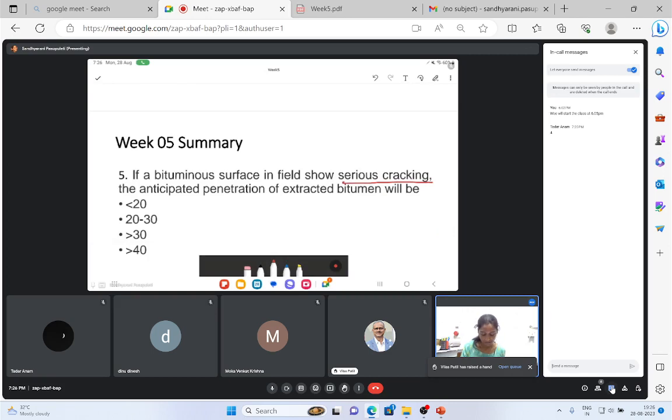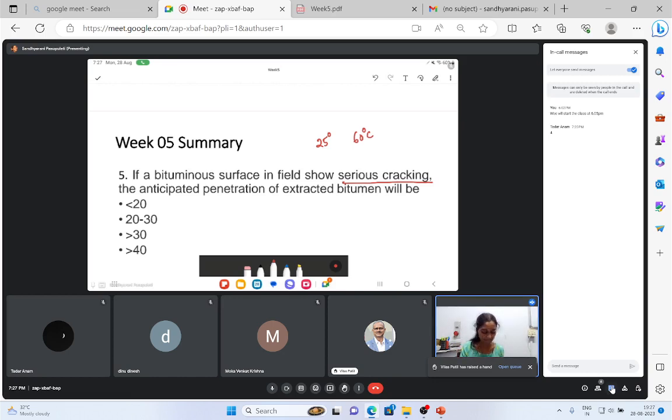Any guesses? To have serious cracking, the penetration should be very low. When I say penetration is very low, bitumen is very stiff. Having very high stiffness is not favorable at temperatures like 25 and lower, at intermediate temperatures. Let us say at 60 degrees, having more stiffness is a very favorable condition.